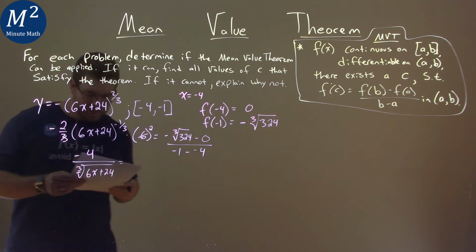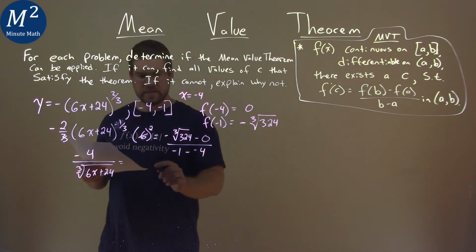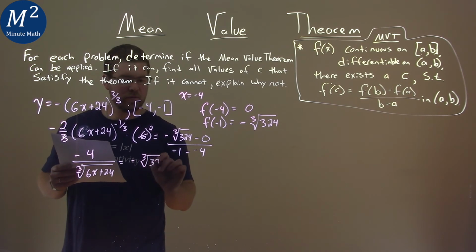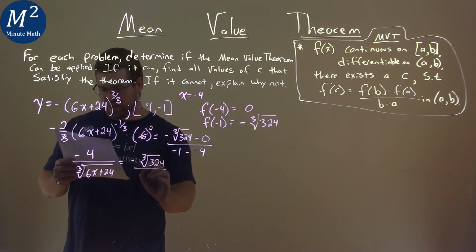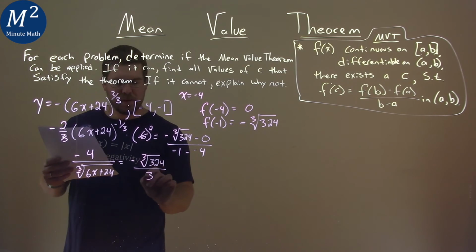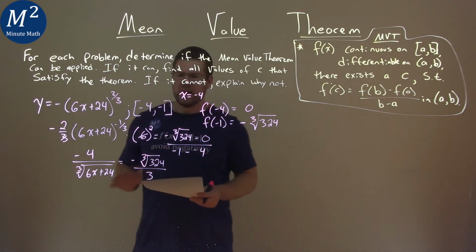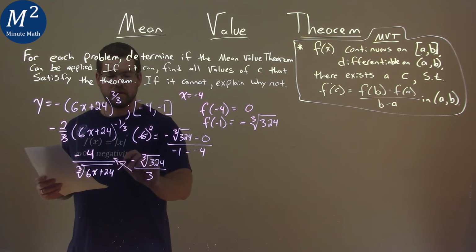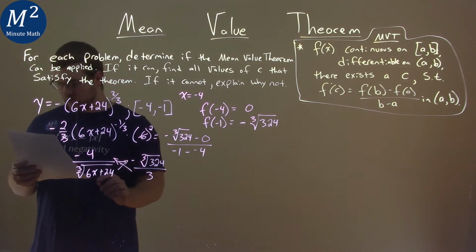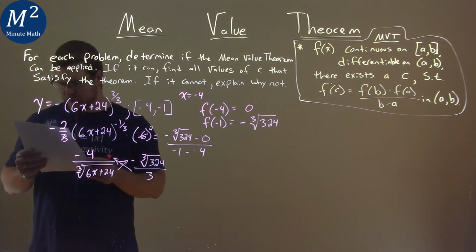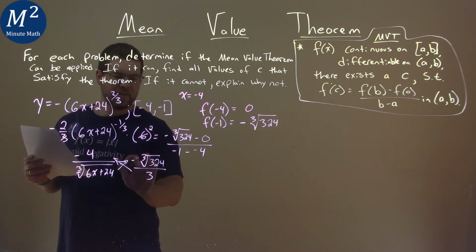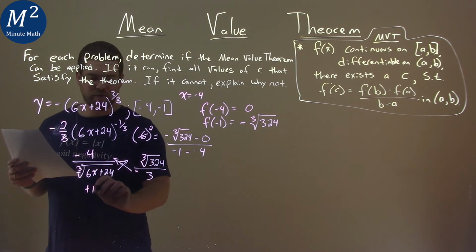And that's equal to the right-hand side, which simplifies to be a negative third root of 324 over the denominator, which is a positive 3. And so at this point, I like to cross multiply here. 3 times the negative 4 is a negative, oh, that's what I did. I brought the negative down to the denominator here, but it doesn't matter. When we cancel it out, we have a positive 12 here.